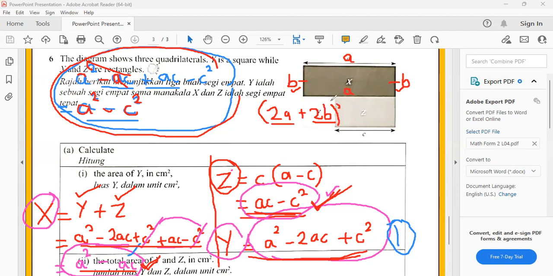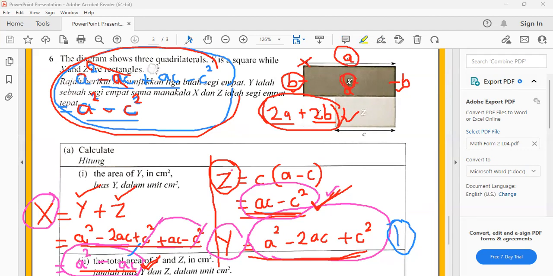Now, if this is A and this is B, that means my area for X is A times B. Do you agree now that if I took A times B, I'm going to get my area for X? Agreed or not? Agree, right?